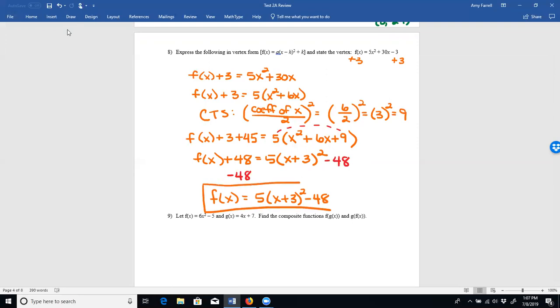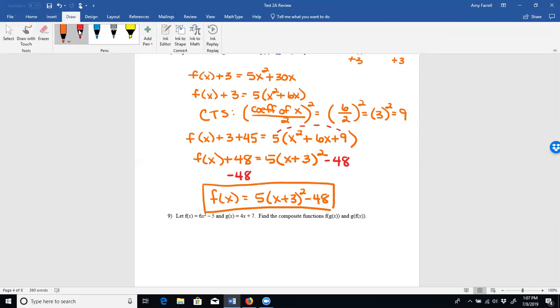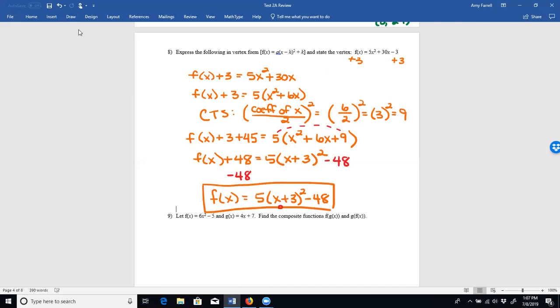It also asks us to state the vertex. The nice thing about vertex form is that to state the vertex, it's pretty quick. The x coordinate comes from inside the parentheses, the y coordinate comes from the outside. However, we do take the opposite sign from inside the parentheses and the same sign on the outside.